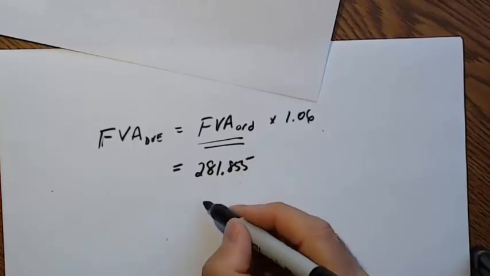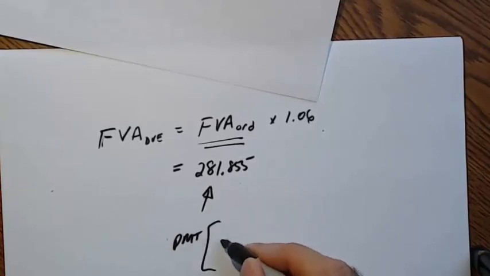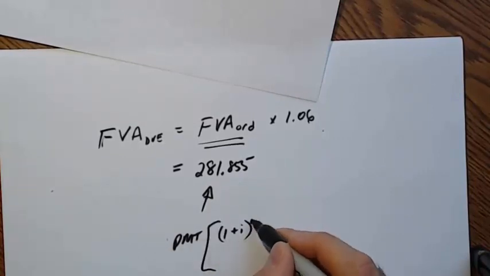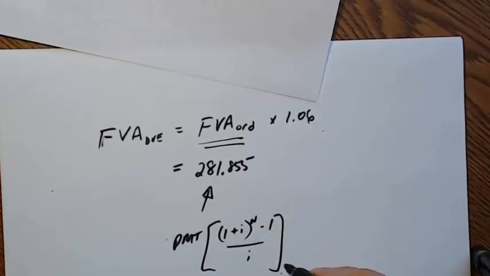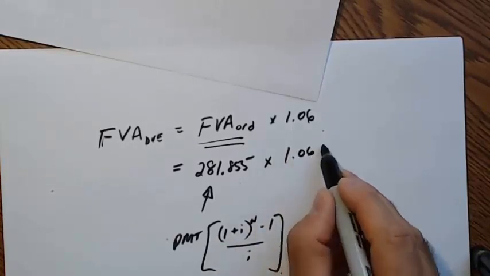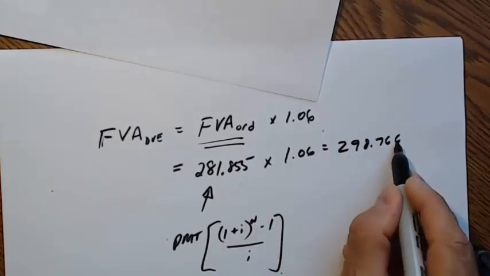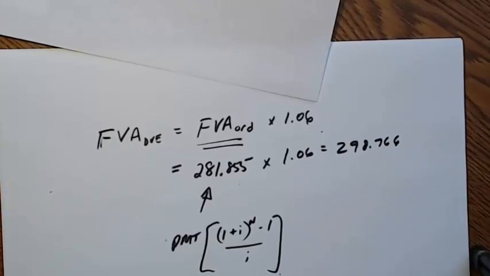That came from the formula I showed you earlier, which is payment times (1 plus I to the n minus 1) over I. So there's your formula. Then you just multiply it by 1 plus I, in this case 6%, and you get 298.766. Okay, so that's the trick.